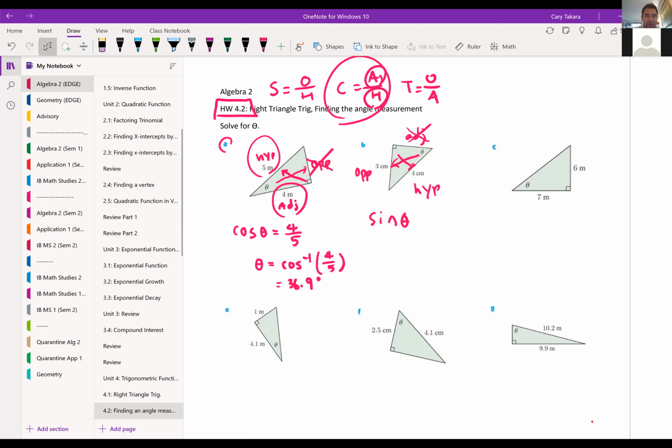Sine of theta equals opposite over hypotenuse, 3/4. So theta is inverse sine of 3/4. Again, no cross multiplication.